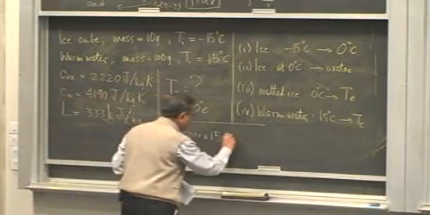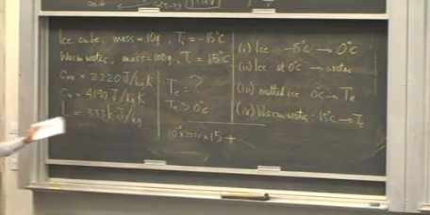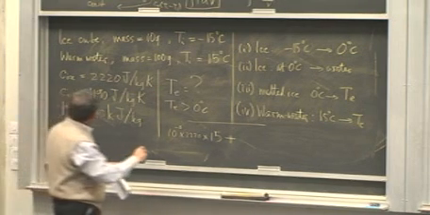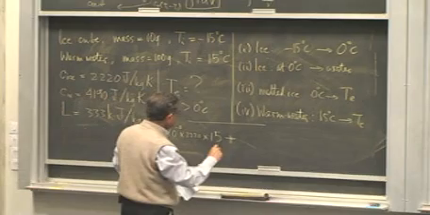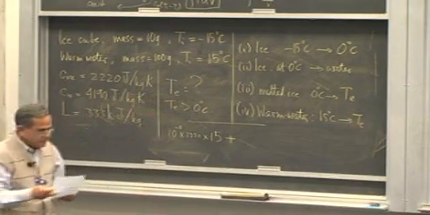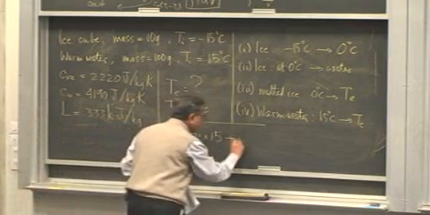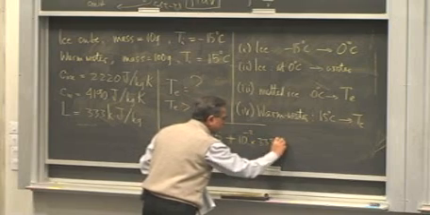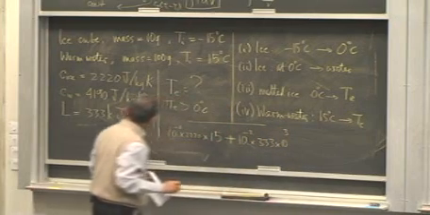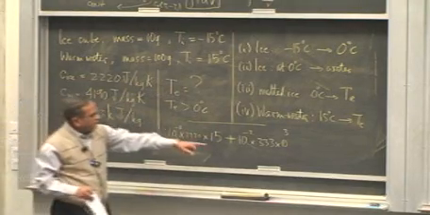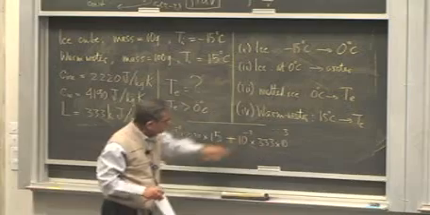Next, mass times latent heat gives you the amount of heat that goes into melting ice, which is 10 to the power minus 2 times 333 times 10 to the power 3 joules per kilogram, and per kilogram cancels out, so this is again joules.